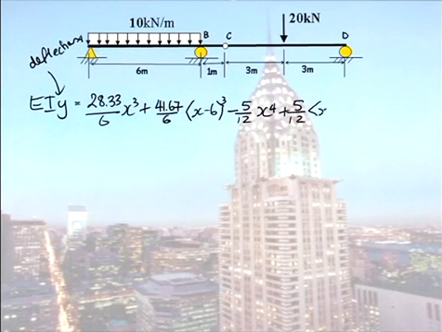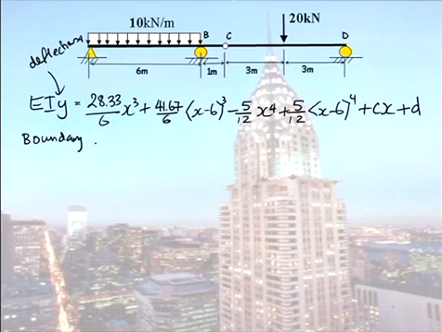We end up getting this expression. Our first constant of integration we multiply by x, and then we have our second constant of integration. So before we can solve for any of the deflections, we have to solve for our constants of integration. And as I said, we do so using known boundary conditions.